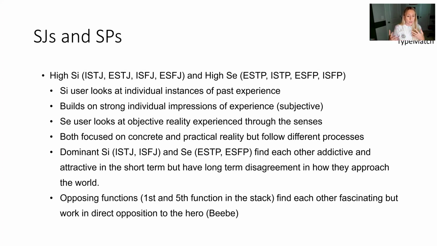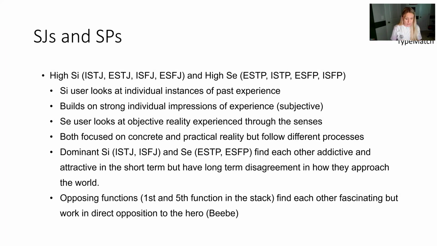So both are focused on the concrete, the practical reality, but they're following completely opposite processes. So dominant SI users and dominant SE users, the ISJs and the ESPs, do find each other initially very attractive and have this magnetic draw to each other.